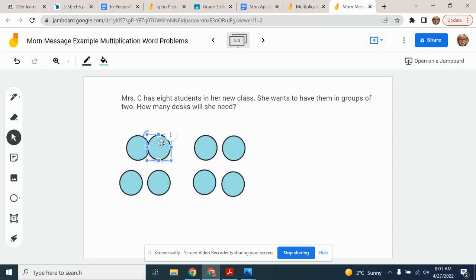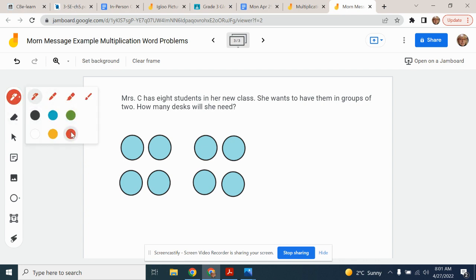These represent the students. Okay, now we have the important numbers. I'm going to just underline these numbers. What is important here? I'm going to underline it in red. 8 students, groups of 2. Circle the groups of 2.